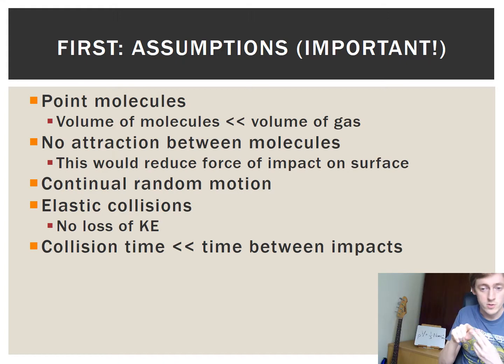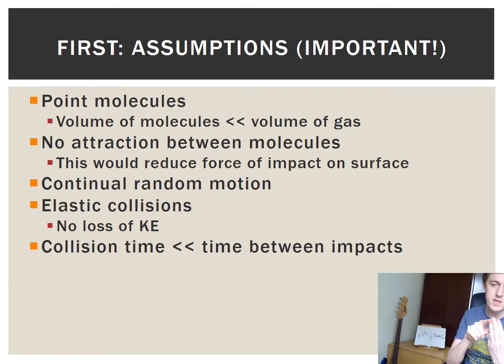No attractions between the molecules. If you've got a particle moving towards the side of a container, just about to hit the container, if it's attracted to the other molecules, it's going to have a big force pulling it that way, which will slow it down before it hits the side. Not so much of an issue as it's moving around in the middle because it's being attracted from all different directions, but at the edges, you've got an issue. So no attraction between the molecules, that's point number 2.